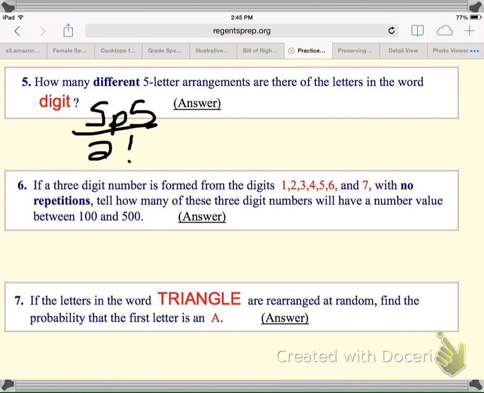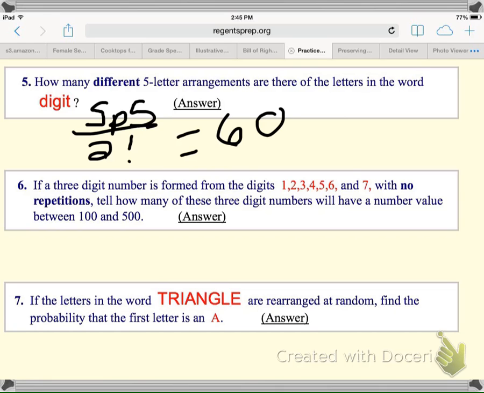I did the wrong thing on the calculator, so hold on. 5 times 4 is 20, times 3 is 60, times 2 is 120, all right? And then we're dividing that by 2, because 2 times 1 is 2. And when you divide that by 2, you get 60.